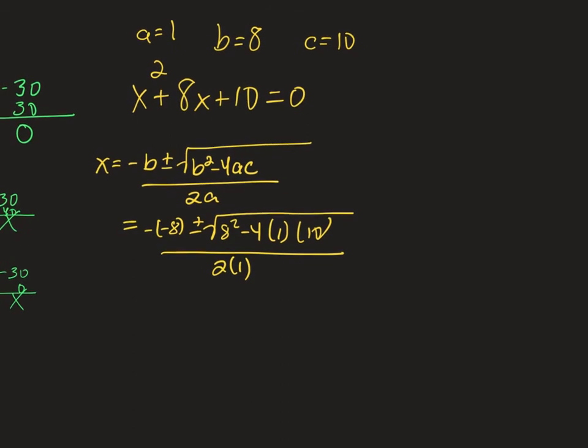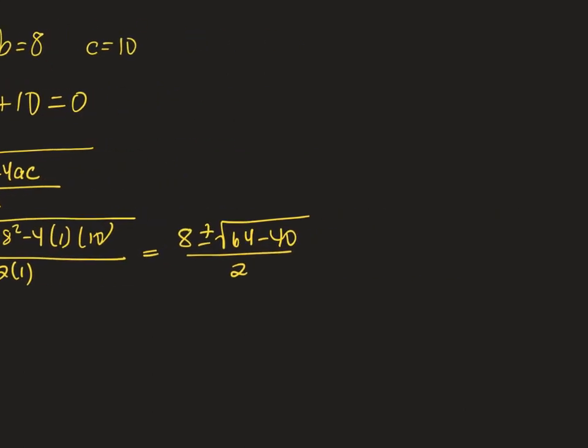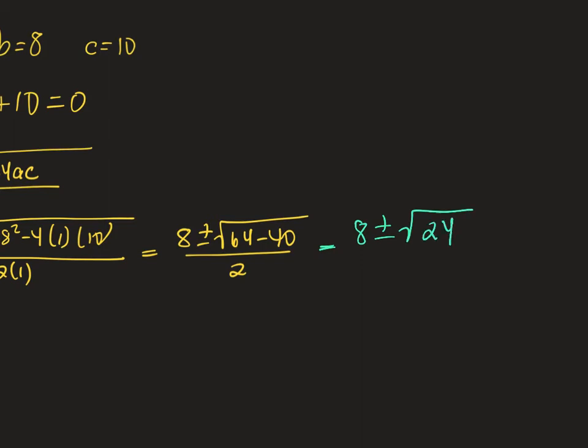So we're going to simplify here. We get negative 8 plus or minus 64 minus 40 over 2.